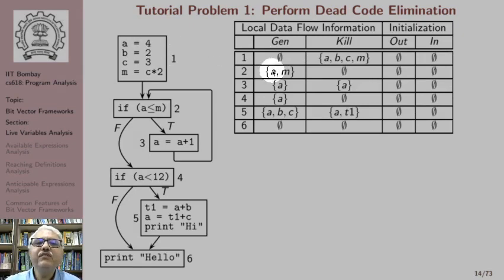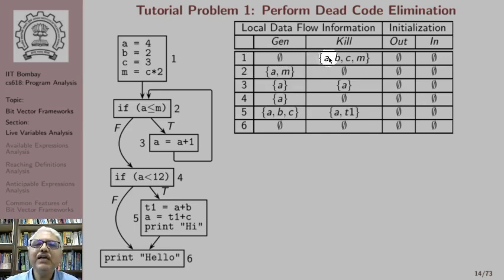So here in basic block 1, the Gen set is empty because the only variable which is being read is C, but this read is preceded by this particular assignment. So therefore there is no read of a variable that is not preceded by a definition.